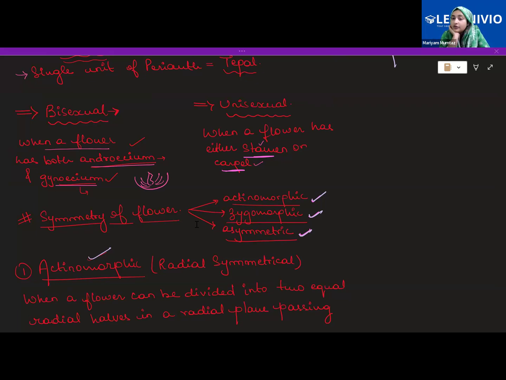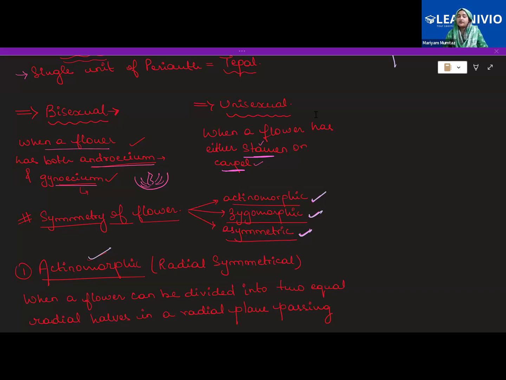Whereas when we talk about the unisexual one, here in one flower either only the carpel is going to be there or only the stamen is going to be there. Either of the two cases. Understood, students? The bisexual, unisexual flowers are clear? Yes, ma'am.